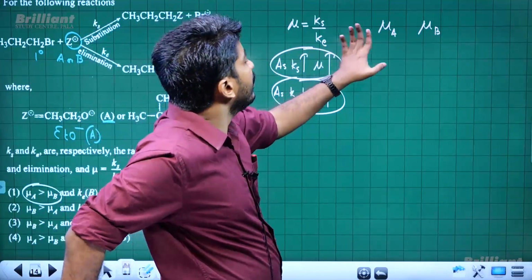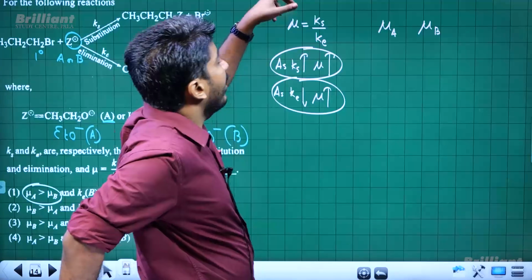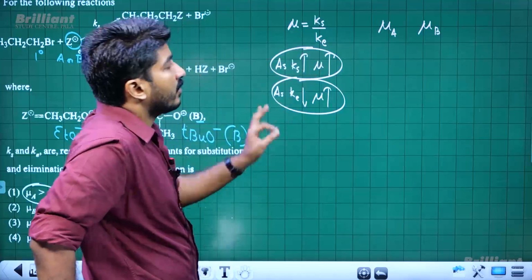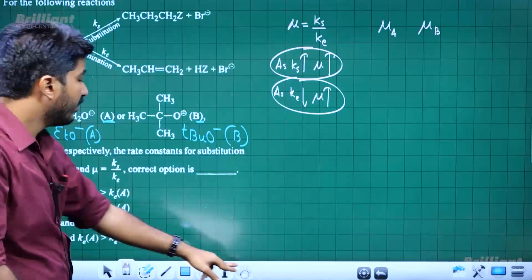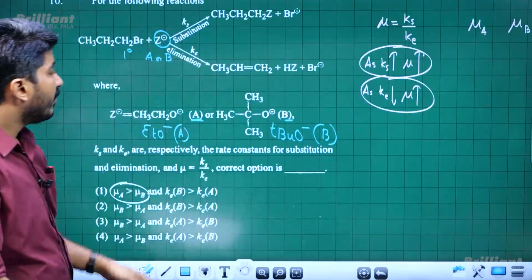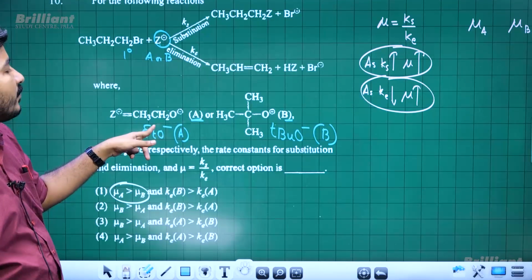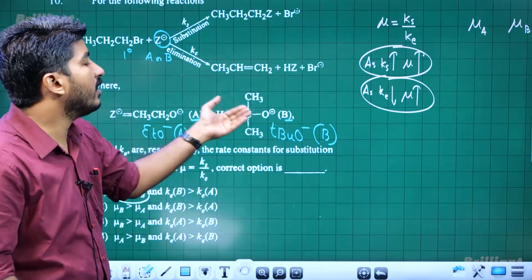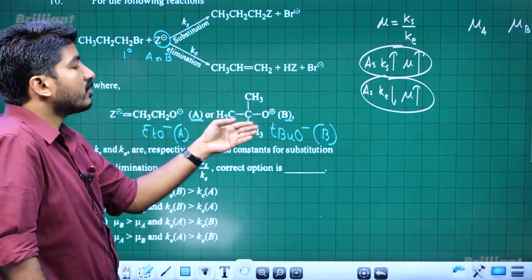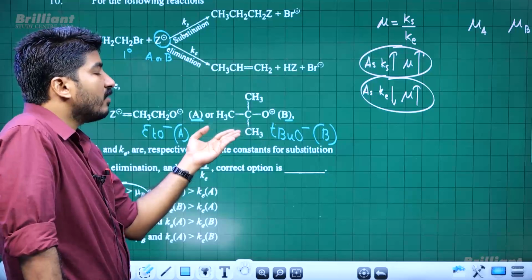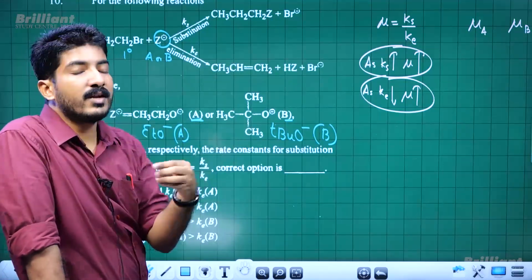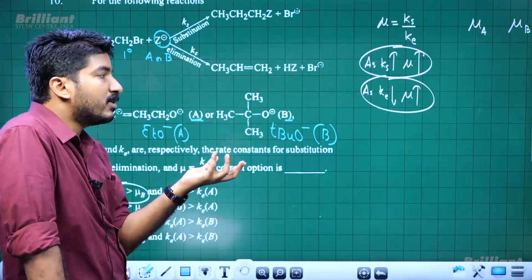Then just compare, if we are using A or B, in which case Ks is higher or Ke is higher. Imagine if we are using ethoxide, then there will be more Ks than if we use tertiary butoxide, because tertiary butoxide is bulky. This is a bulky base and bulky nucleophile.